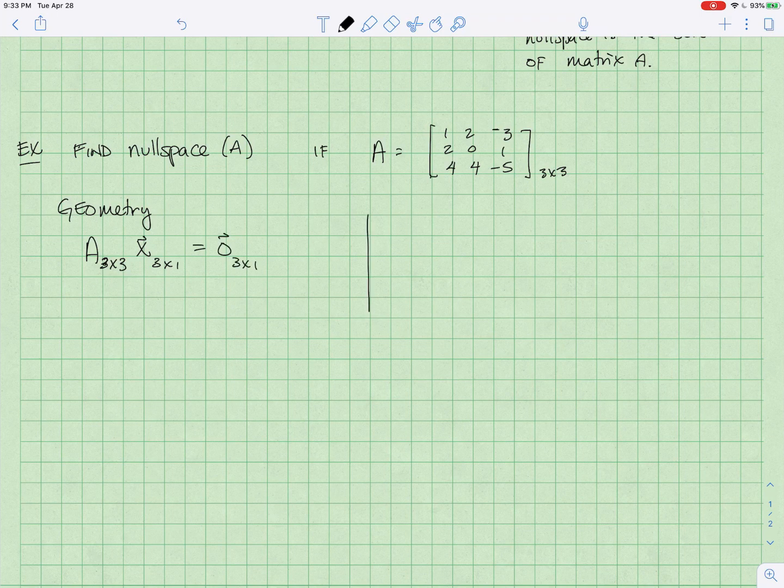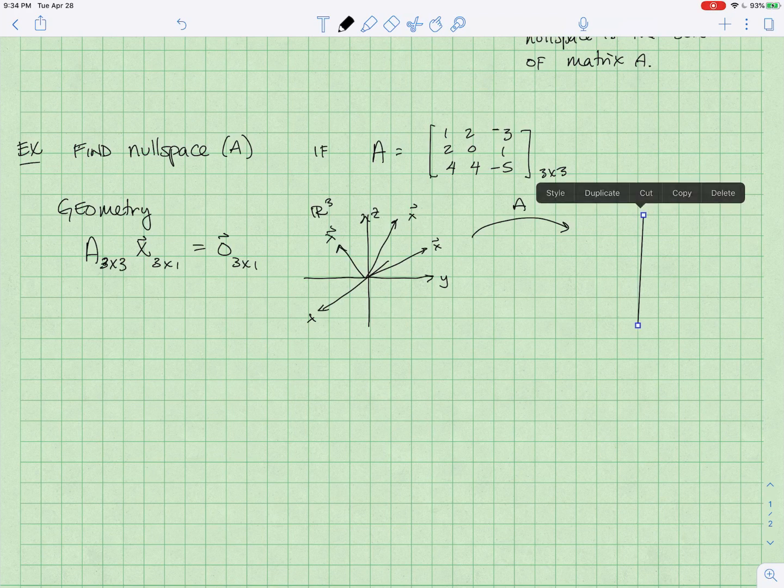So we're looking for the set of vectors in R3, classic x, y, z, and I want to know what vectors, if any, how many of them are there, such that when we apply A we do a transformation from one space to another space.